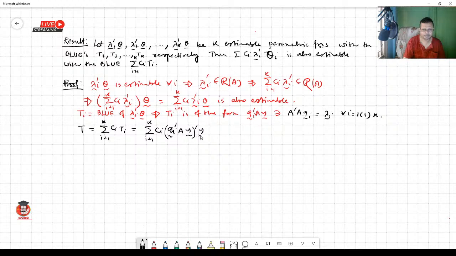So Ti is of the form Qi'A'Y. This is a mistake, please rectify this thing. Ci Ti means Qi'A'Y.